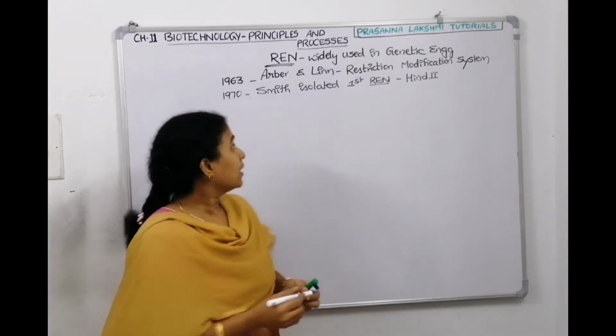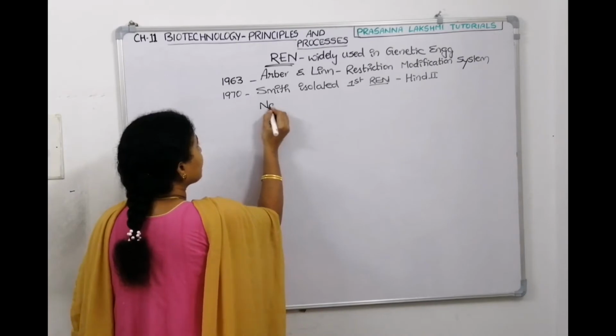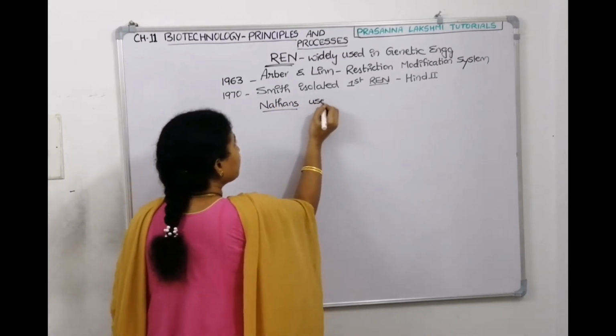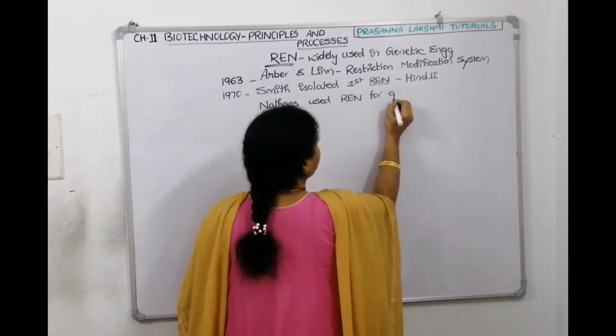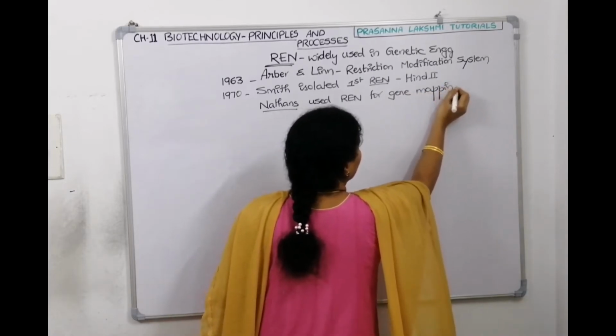Arber came, Smith came, and the third scientist is Nathans. He used restriction enzymes for gene mapping and chromosomal mapping.